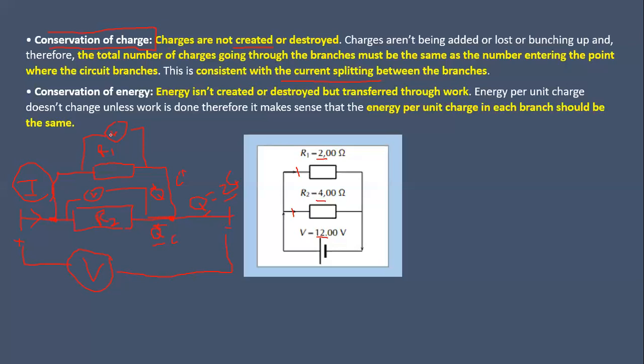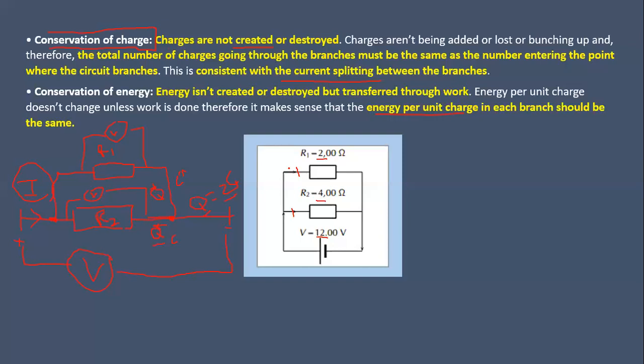The value that you get here is the same as this value, and the same as the total in the entire circuit, between these two terminals of a battery. They say that because energy is not created or destroyed but transferred, it makes sense that the energy per unit charge in each branch should be the same.